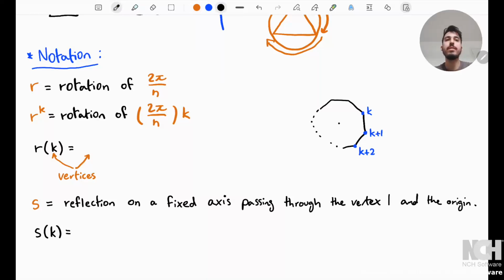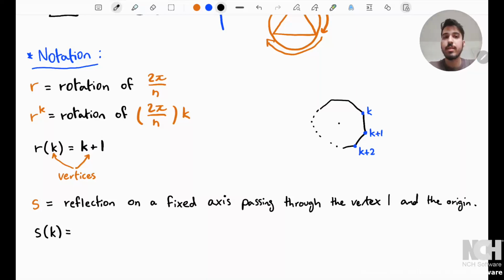So what R does is that it moves the kth vertex and it moves it to the k plus 1 vertex. So it shifts each vertex by 1 to the right. So we say that R of k gives k plus 1.